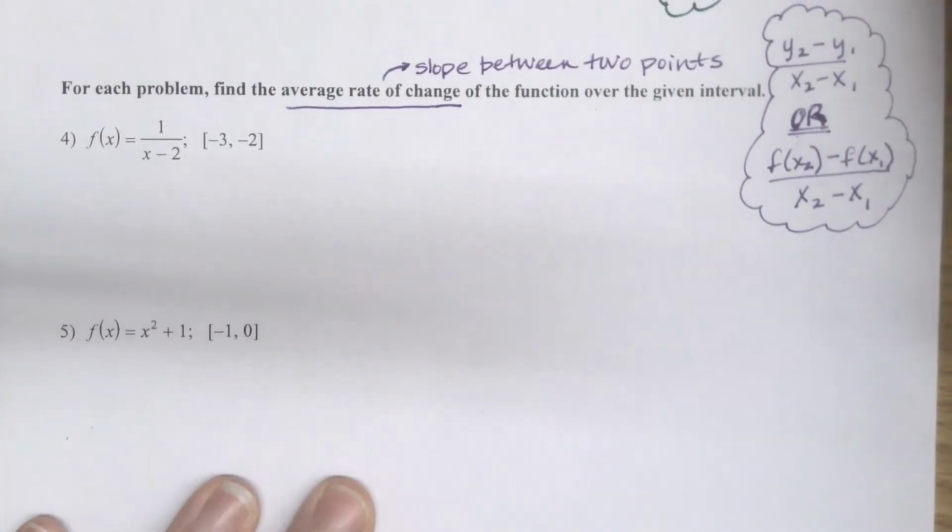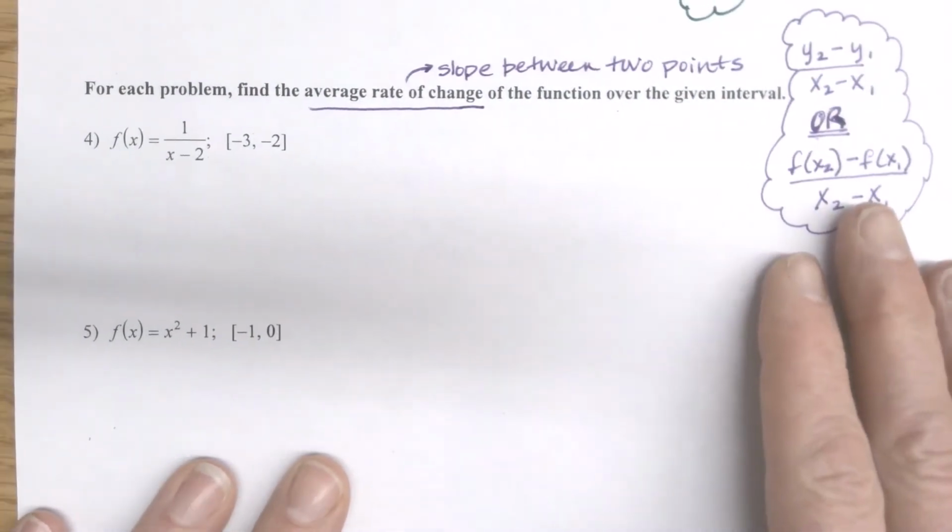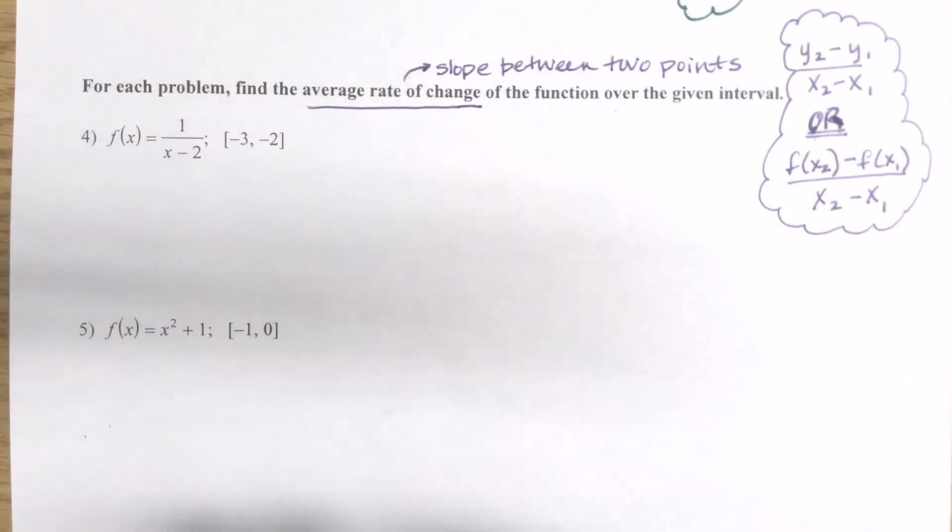Here's where things change a little bit, but it still isn't brand new. The other directions we could have is finding the average rate of change, and the average rate of change is the slope between 2 points. So there's a difference between instantaneous at a specific value and average between 2 values.